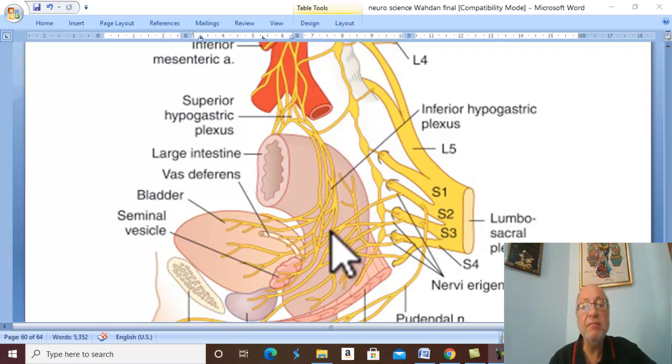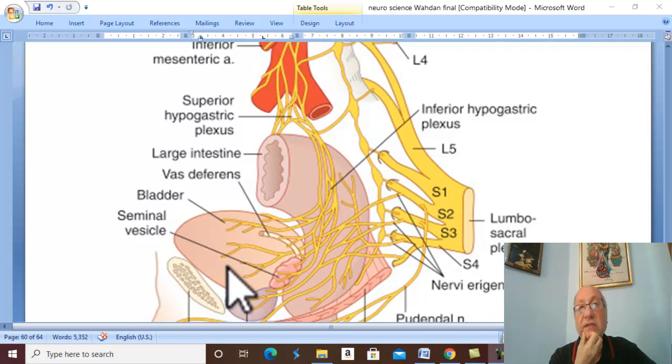Parasympathetic supply to this plexus, sure, is from the pelvic splanchnic nerves. This inferior hypogastric or pelvic plexus is present where? Present on the lateral aspect of the rectum, this is the rectum, and the lateral aspect of the urinary bladder.